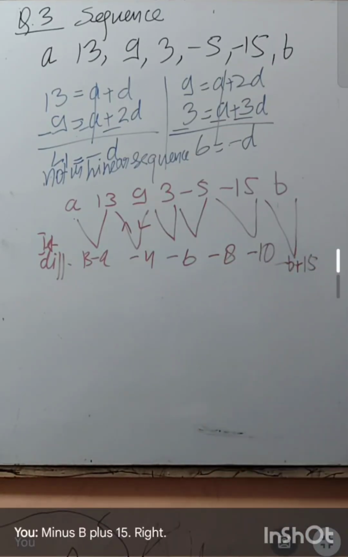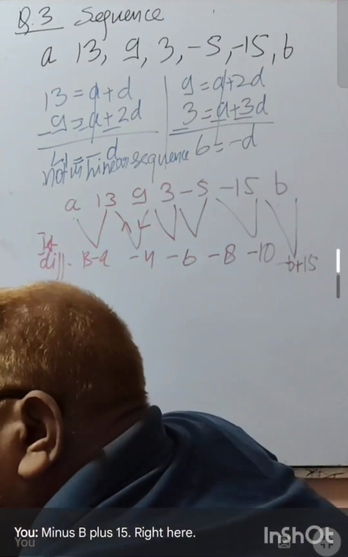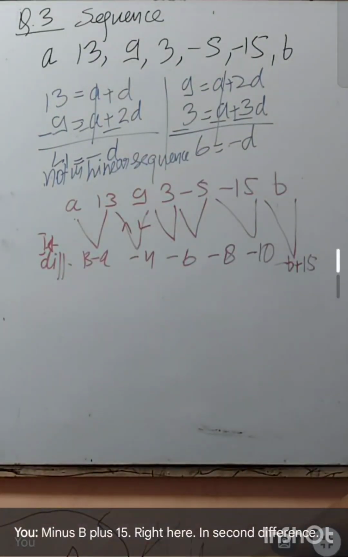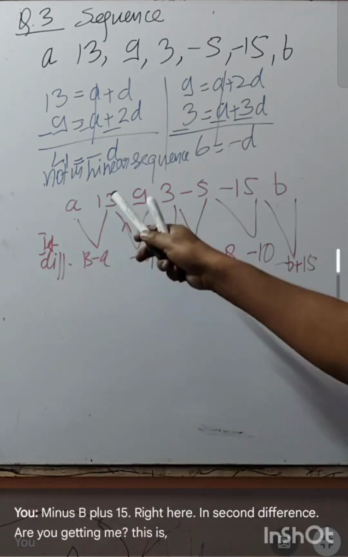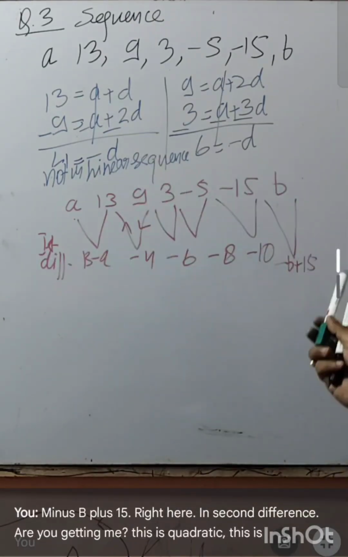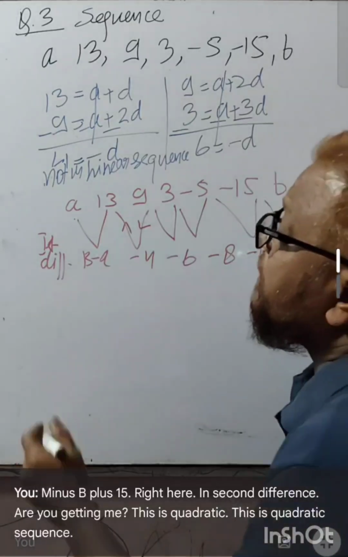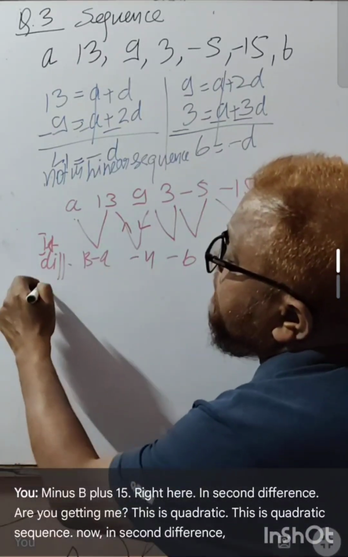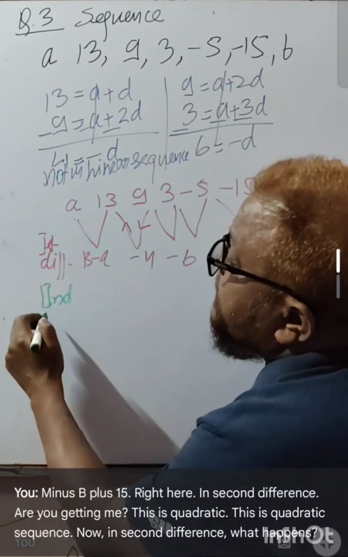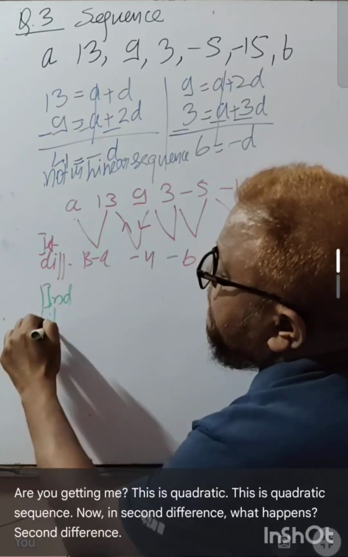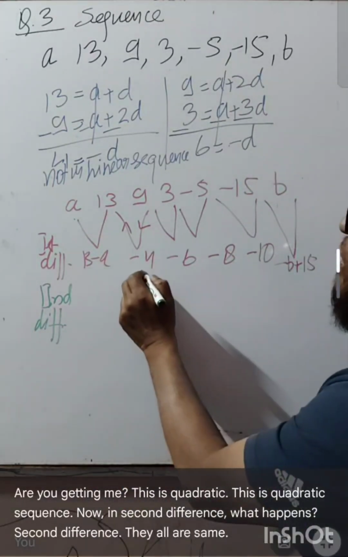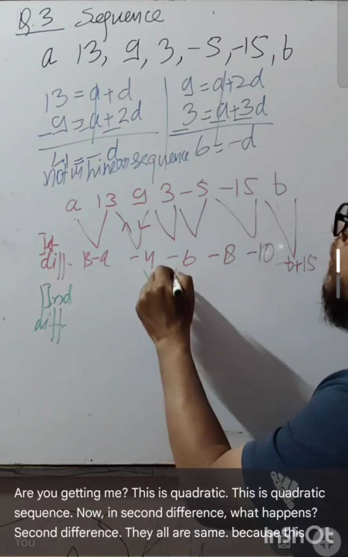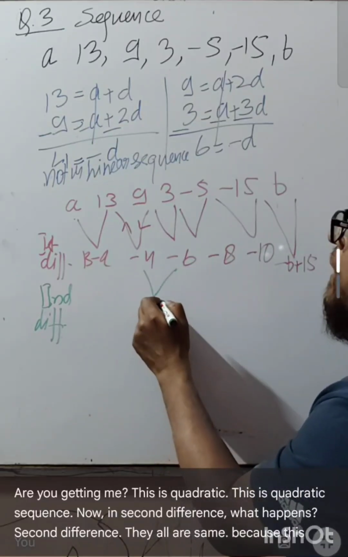Right, Shreya? In second difference, are you getting me? This is a quadratic sequence. Now in second difference, they all are the same because the difference between these two is -2.